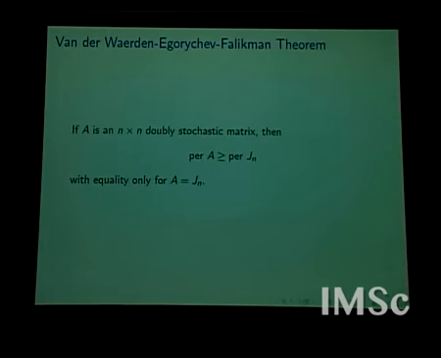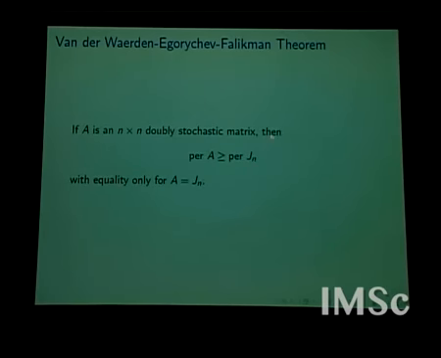So there is a certain duality between the properties of the permanent on non-negative matrices and on positive semi-definite matrices. For example, if A also happens to be positive semi-definite on top of doubly stochastic, then this is immediate, because one can show that A dominates Jn in the Loewner ordering.